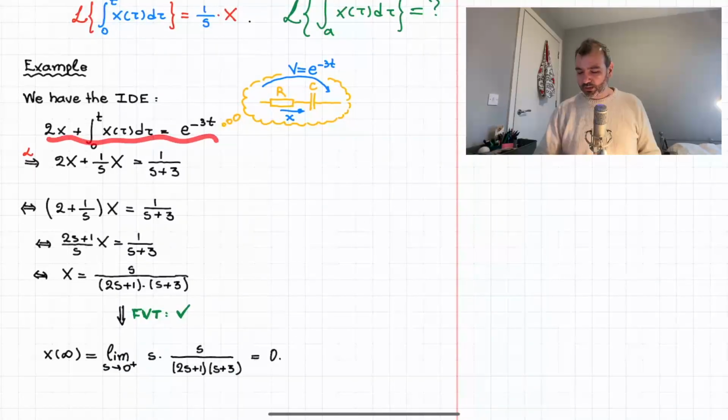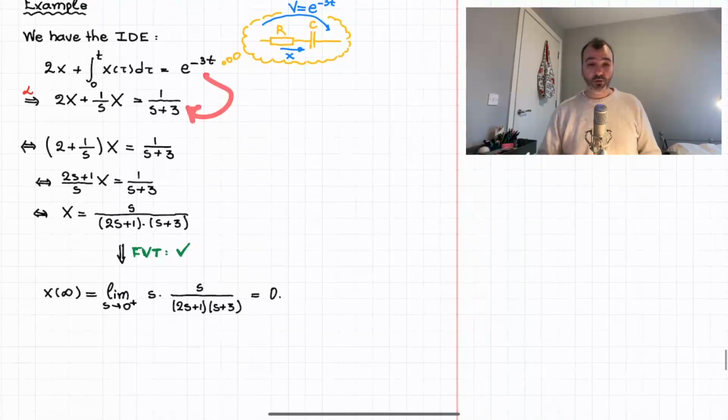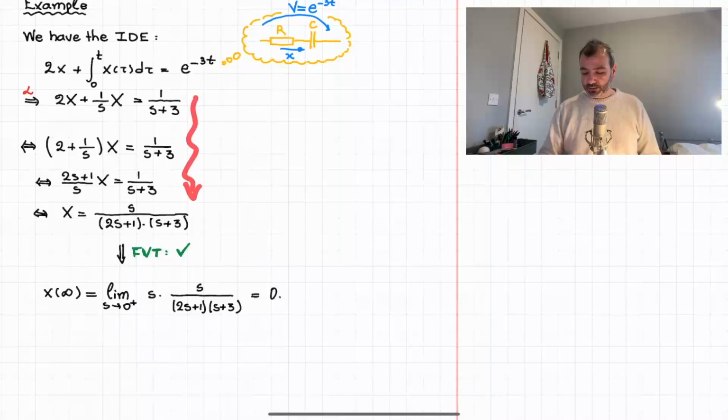So you can end up with an equation like this. Now take the Laplace transform, 2x becomes 2 big X, the integral becomes 1 over s times X, and e to the minus 3t, take the Laplace transform, and you have this. This is already an algebraic equation, no derivatives here, and you can very easily solve for X, and you end up with this.